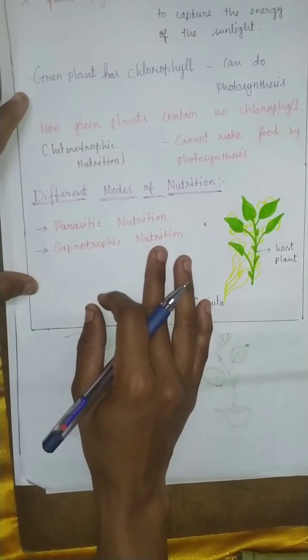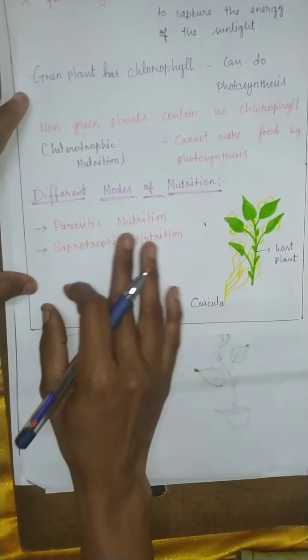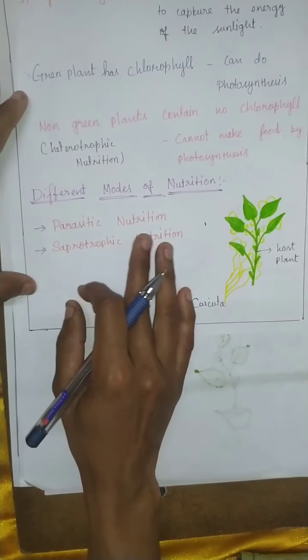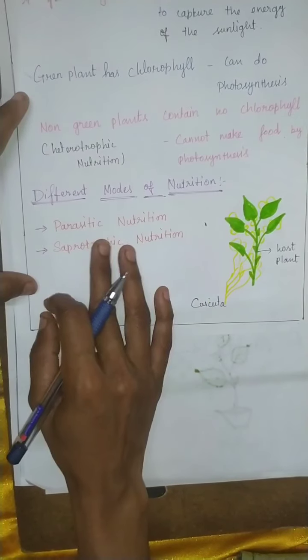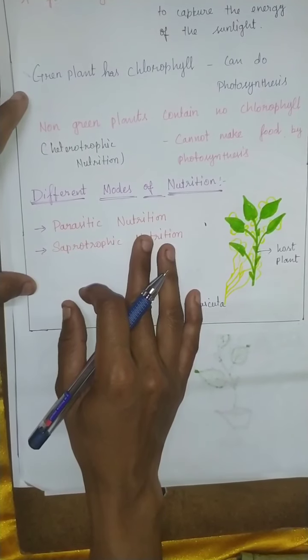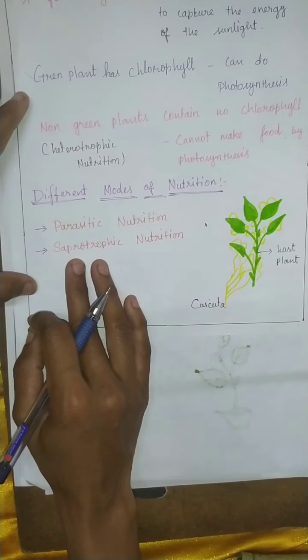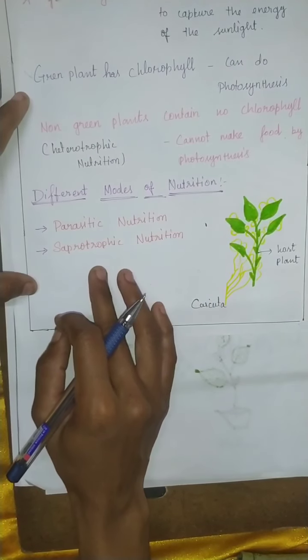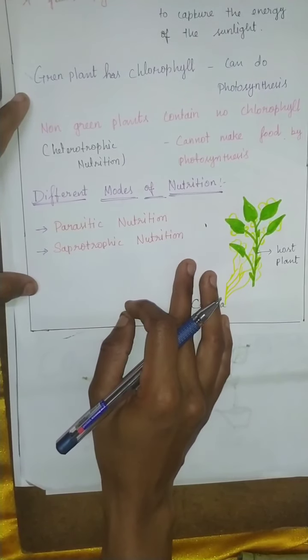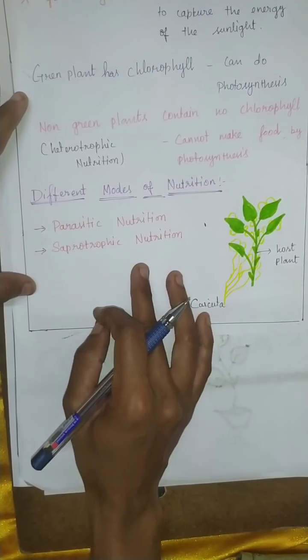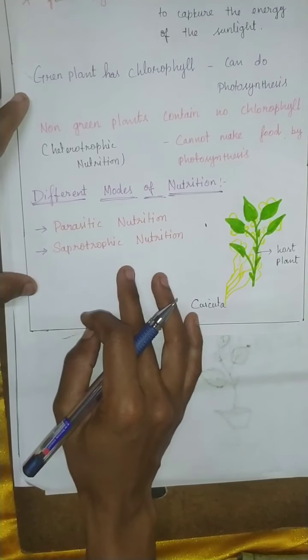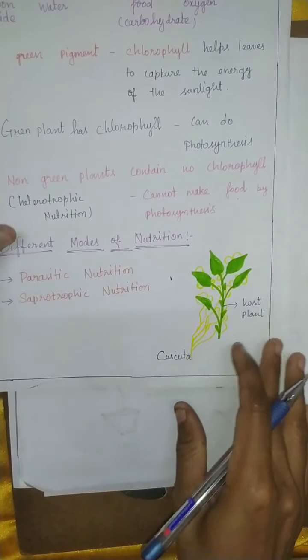This is called saprotrophic nutrition. What is parasitic nutrition? An organism takes ready-made food from another living organism. What is saprotrophic nutrition? An organism takes food from dead and decaying matter. Example, mushroom and fungi.